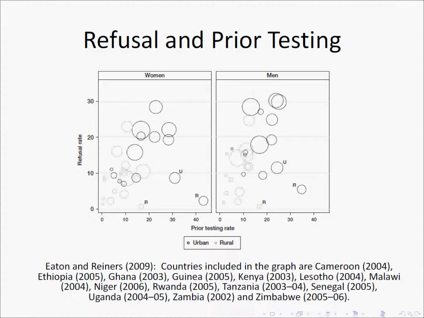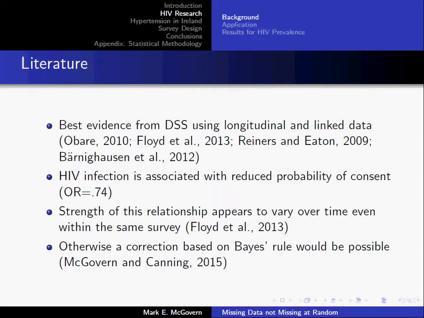I said that we almost never know the missing data outcome, but there are some specific cases where we do. There are some longitudinal surveillance sites, and there, these papers have found that it is indeed the case that people who are HIV positive are less likely to consent. So one paper finds that people who are HIV positive are 25% less likely to participate in testing.